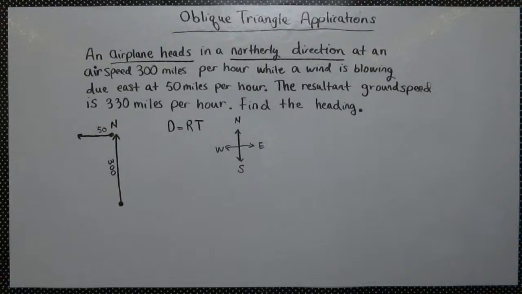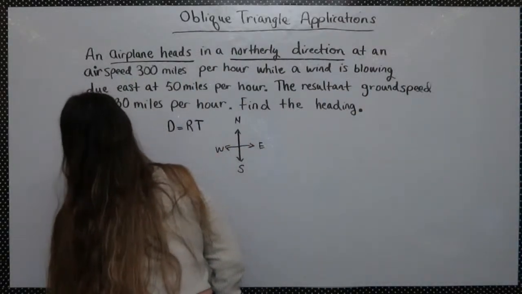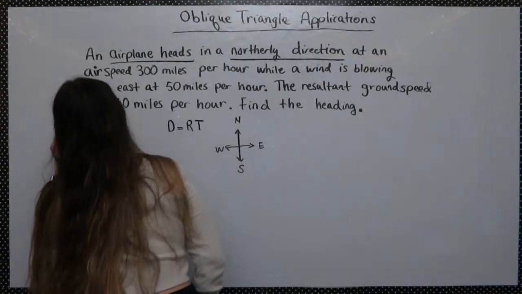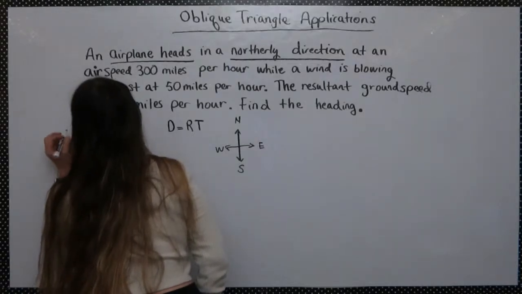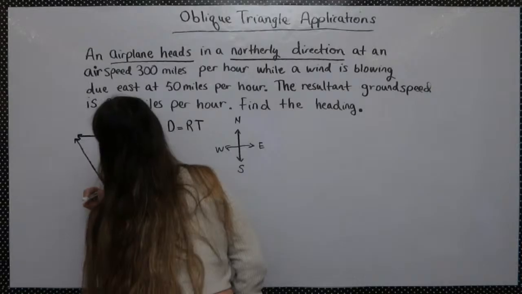All right, I think I have my vector drawn. And we'll just try to, it's this vector right in here somewhere. So I know that I'm looking for an angle, we'll just call it alpha here.